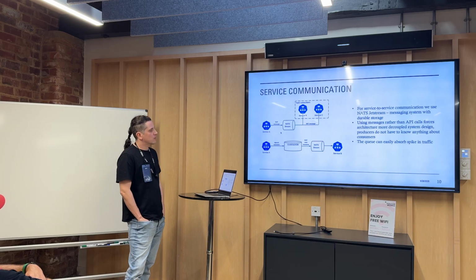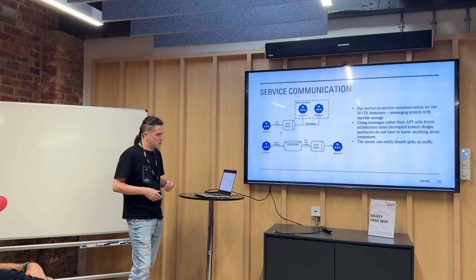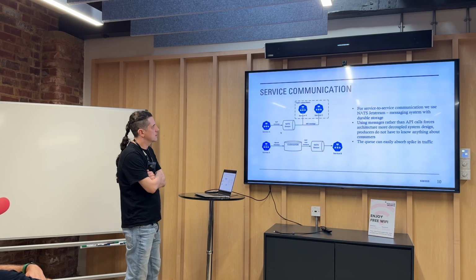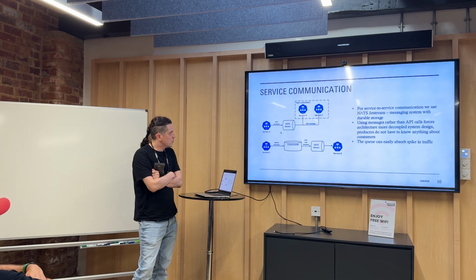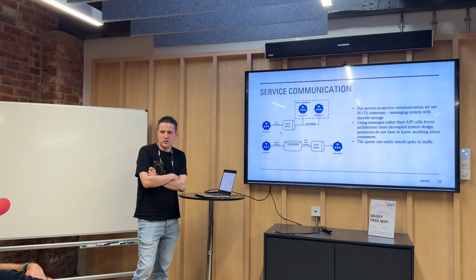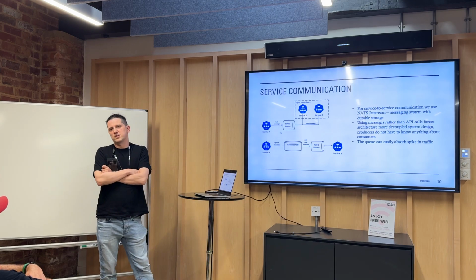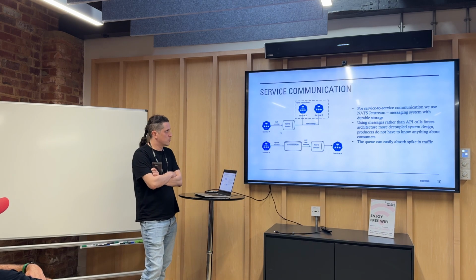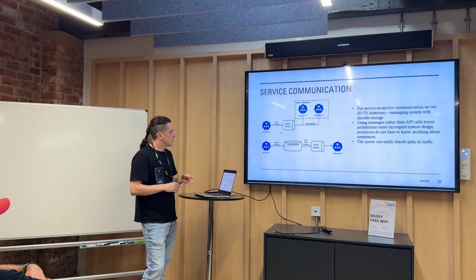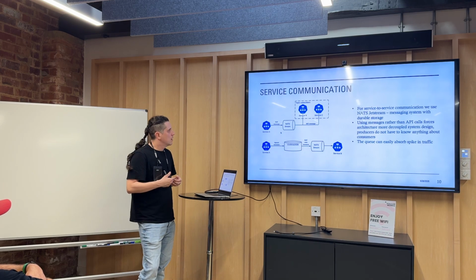Another important bit of our application is the service communication. For service communication, we use NATS JetStream. It's something very similar to Kafka. It's a queue with persistent storage. So in this case, you have a service, service A for example. It's a producer.